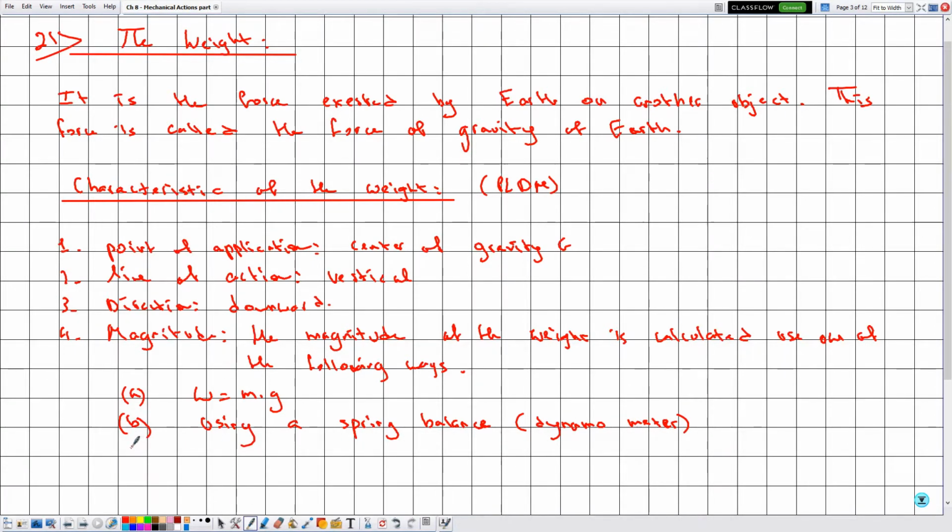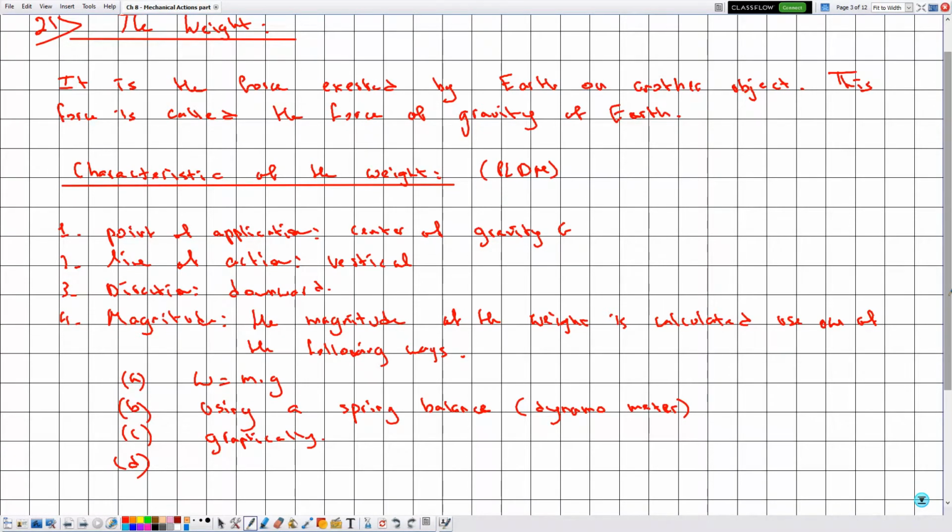The third method is graphical, which we have already discussed. And the final one, which we will discuss in the coming chapter, is given by the condition of equilibrium, or let me say using the vector relation at equilibrium.